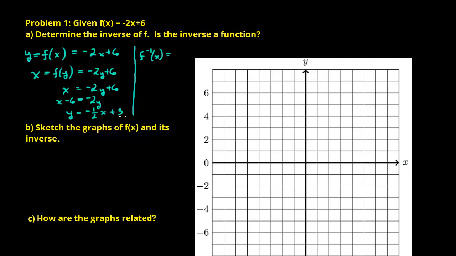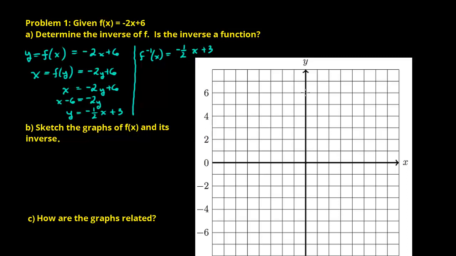Because it's a linear graph, it'll pass the vertical line test, and thus it is a function. So I can use function notation for the inverse, and I can write it as f inverse of x, which is equal to minus 1/2 x plus 3. So this is the inverse function that I'm going to graph. But first I'll graph the function f of x.